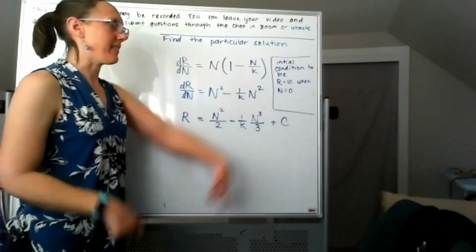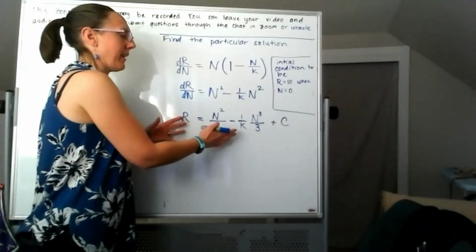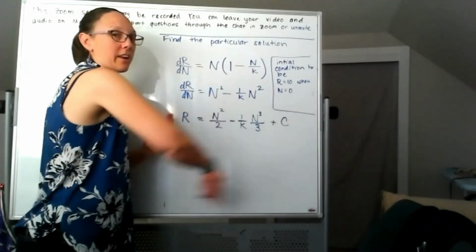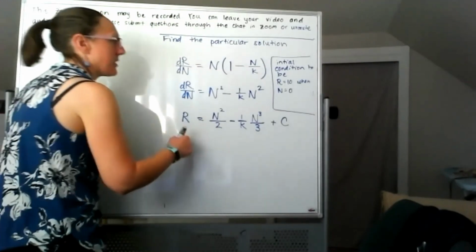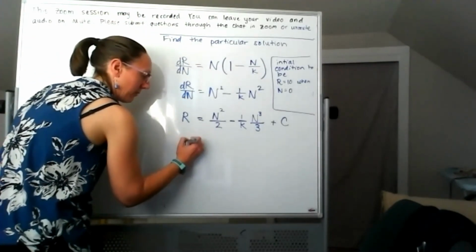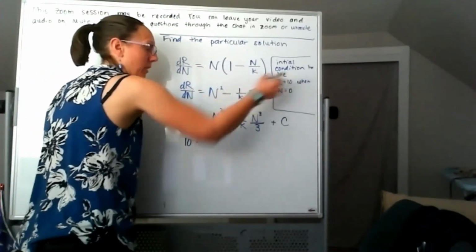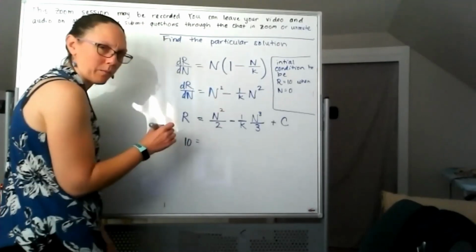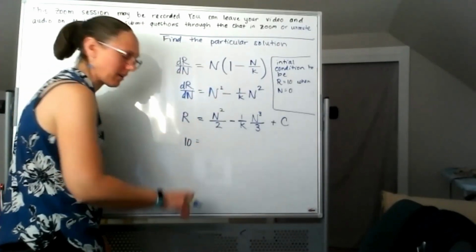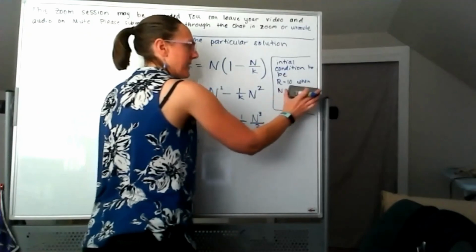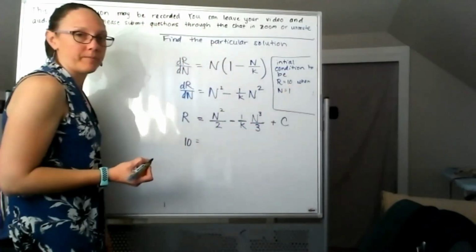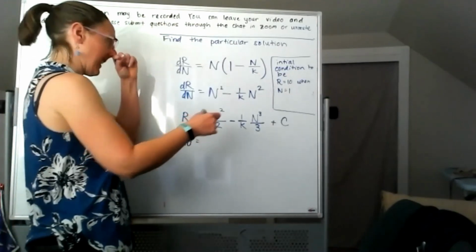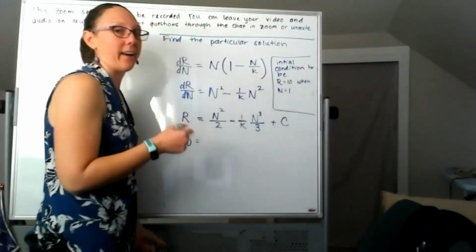So I'm going to take that initial condition and plug it in anywhere that those letters show up in our general solution. So if I replace R with 10 and I replace N with 0, or should we make it more interesting? Let's make it more interesting. Let's replace N with 1. So our initial condition in this case is that R is 10 when N is 1.